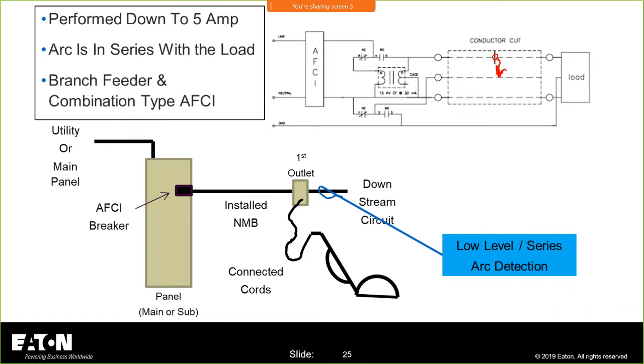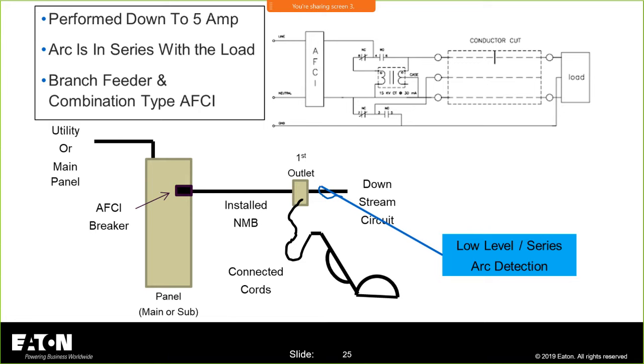And so what we would do to pass this test, a series arc test at 5 amps in NM wire, we all put GFPE in our devices, and we detected that, and we were able to pass this test with ground fault protection of equipment, because if you damage one of those conductors, it is going to go to the equipment grounding conductor. And eventually it'll go to the grounded conductor. But in any case, that's basically how the branch feeder worked, and the combination type does the same thing.